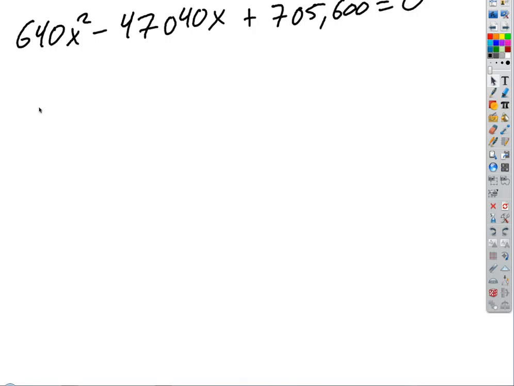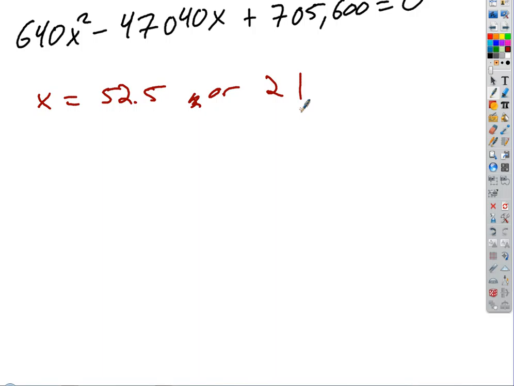You just divide it by 10. Yeah, we could divide everything by 10, that would help a bunch. 52.5 and 21. So x equals 52.5 or 21.